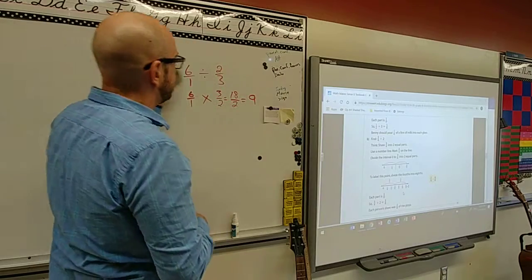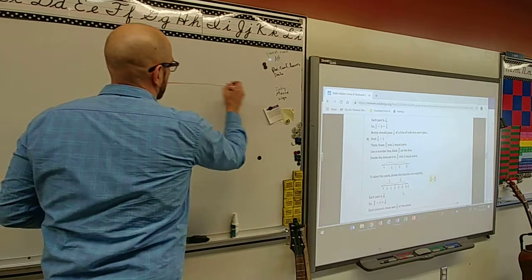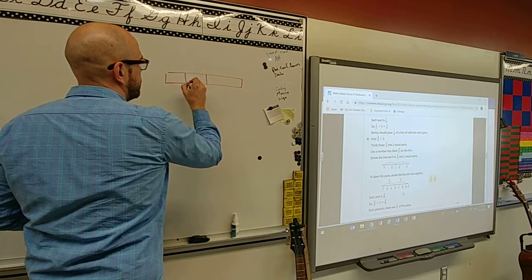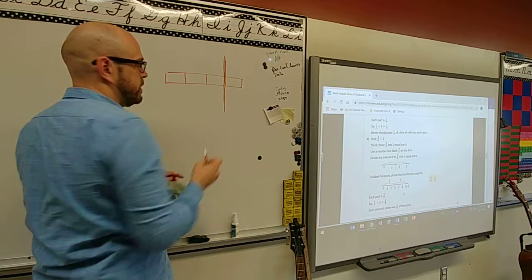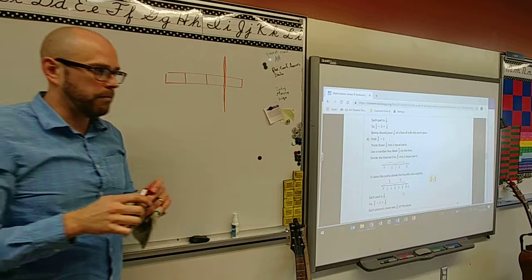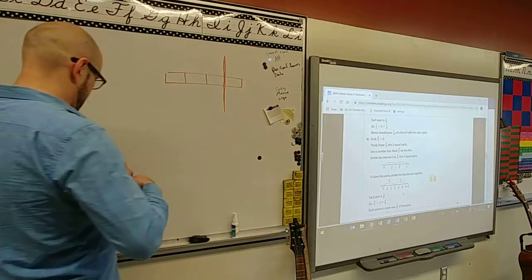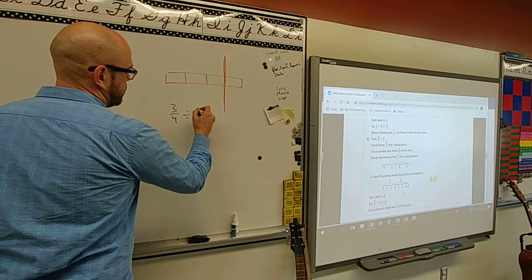Now, I'm going to draw you a picture that's like a number line, but a little different. Here I have half, and this is 3/4, right? You see my 3/4 line? Okay. Pardon me, I'm just going to run and get a different color. Now it says I'm dividing 3/4 into 2.